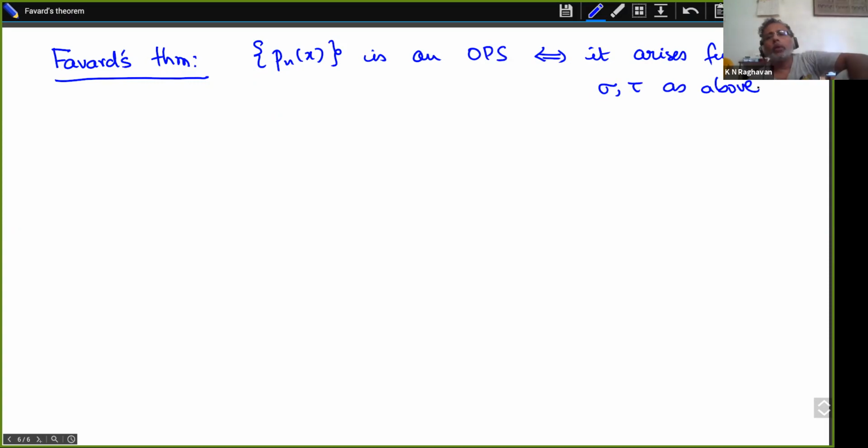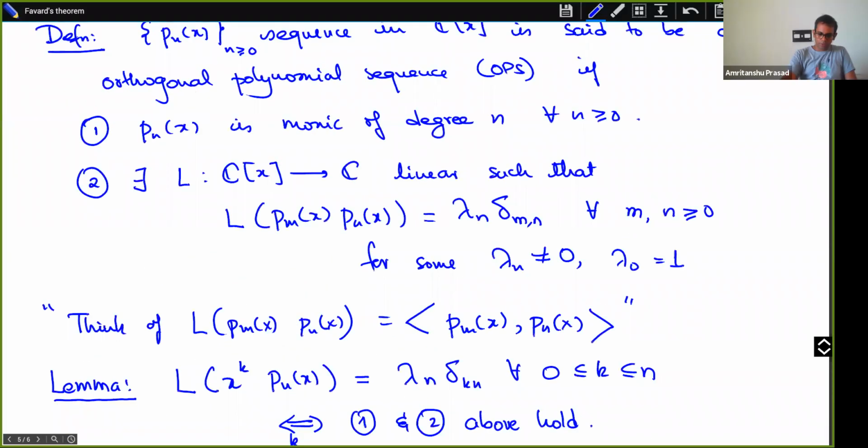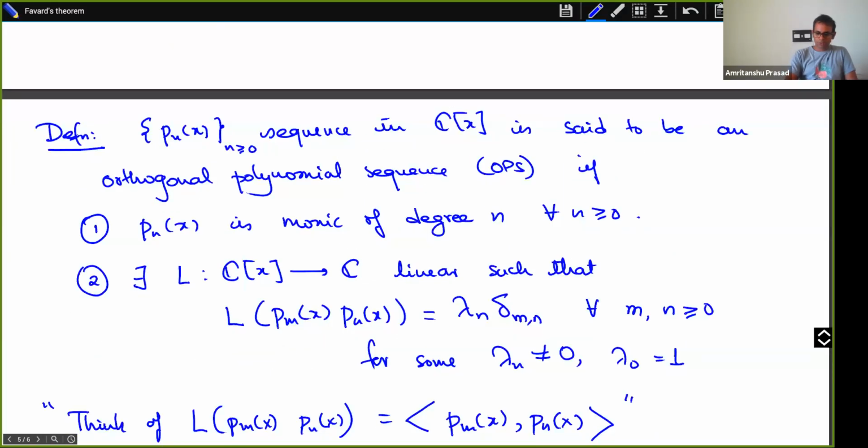Namely, when you say Pn is an OPS, what are you assuming about Pn? So it's a sequence of complex polynomials where Pn is monic of degree n. There exist non-zero complex numbers lambda n such that... No, my question was on the other side, if and only if they arise as.